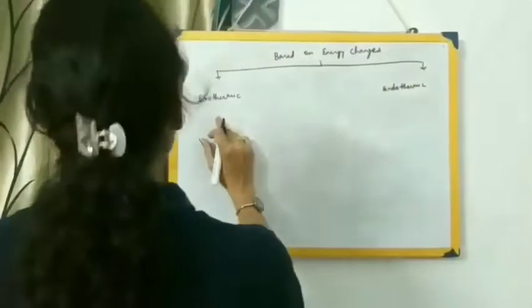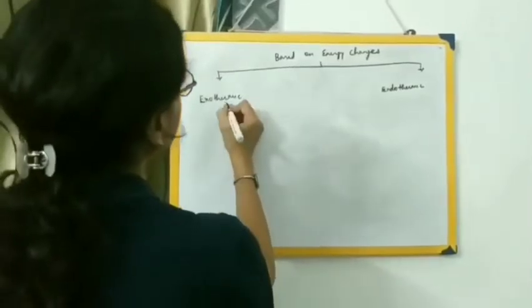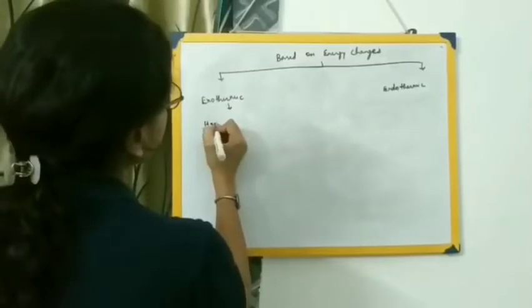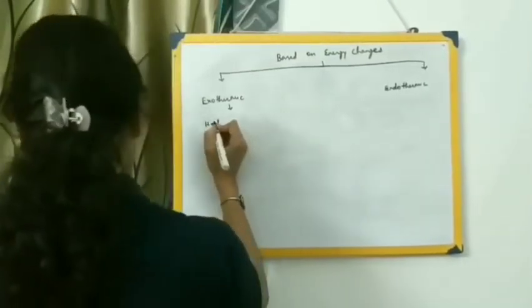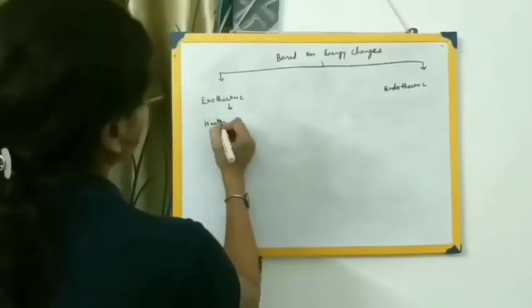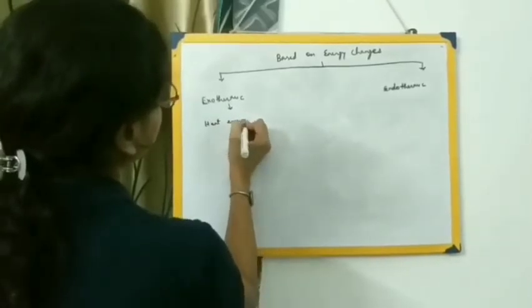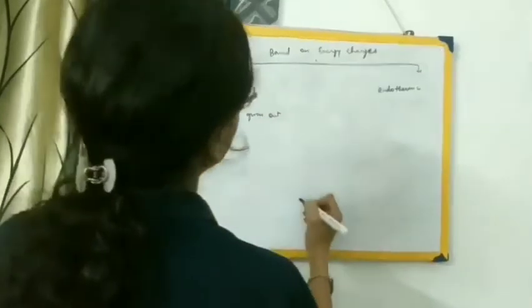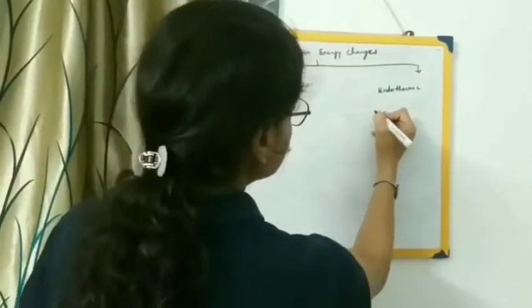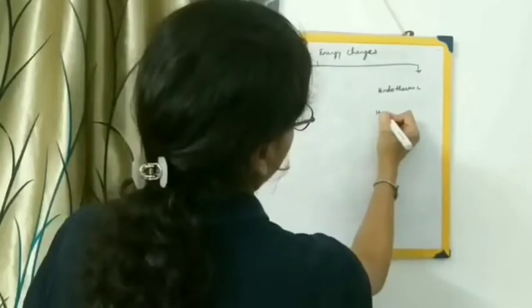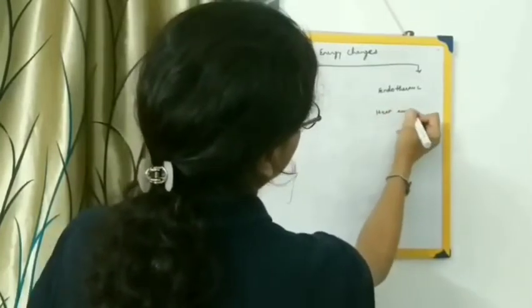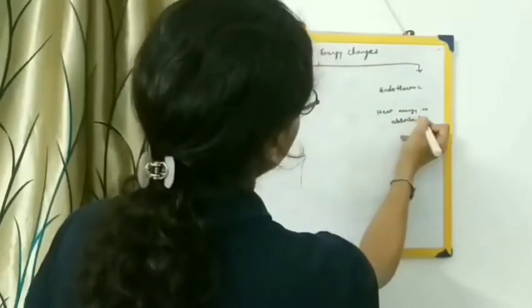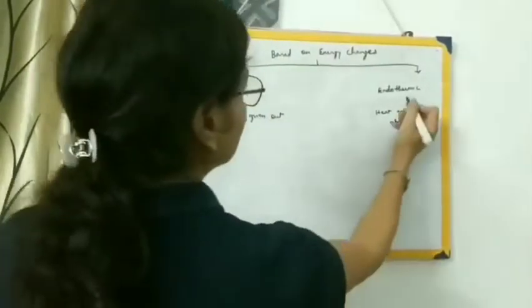An exothermic reaction is a reaction in which heat energy is evolved or given out. Any kind of energy, but particularly we are dealing here with heat energy. When heat energy is absorbed, such a type of reaction we call an endothermic reaction.